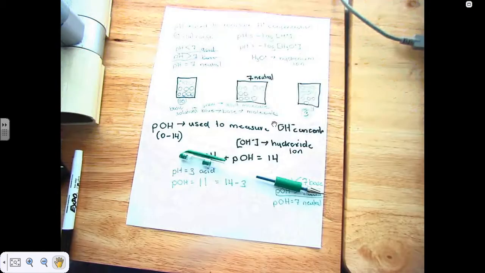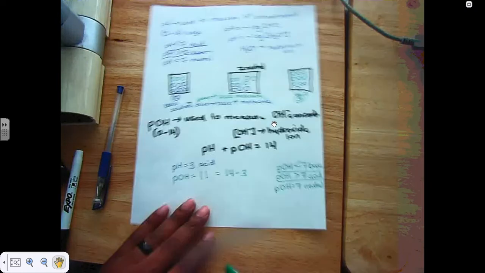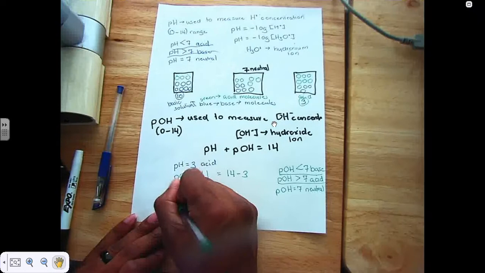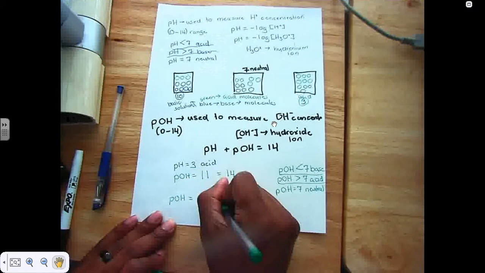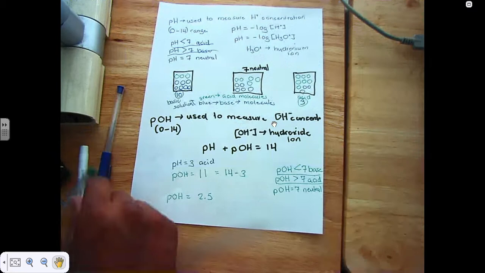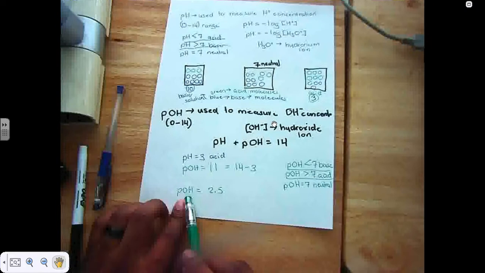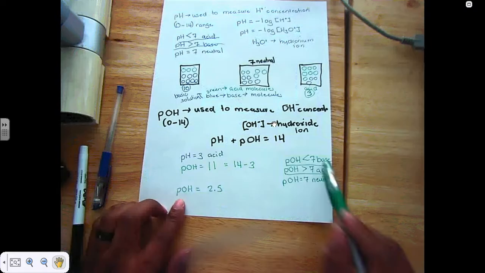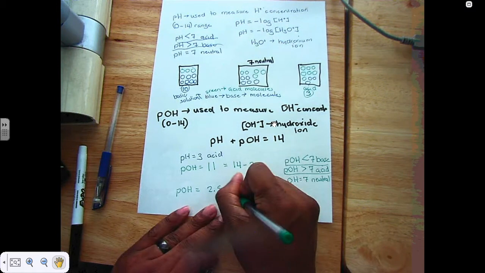But notice the key difference here between those two and then these two. So you want to be mindful of that, because questions that can be asked are, hey, you're given a solution which has a pOH of something that's equal to 2.5. Is that acidic, basic, or neutral? Well, according to this information here, if something has a pOH of 2.5 and that's less than 7, that means it registers as a base.